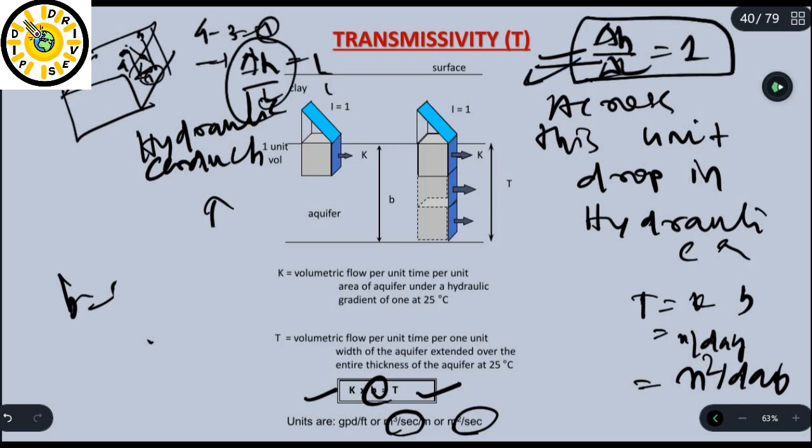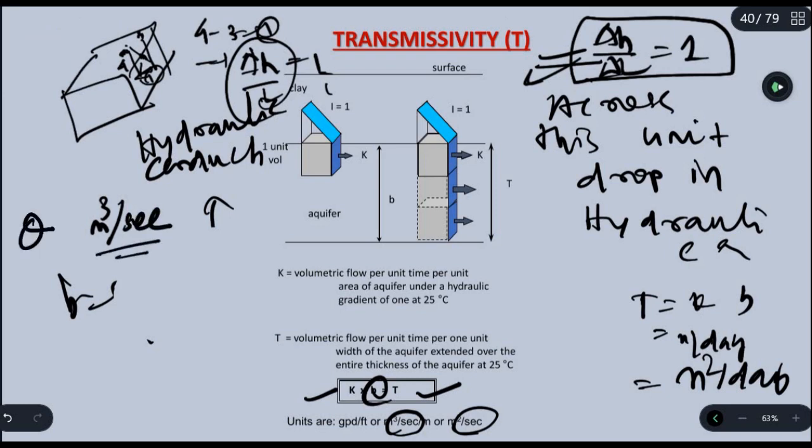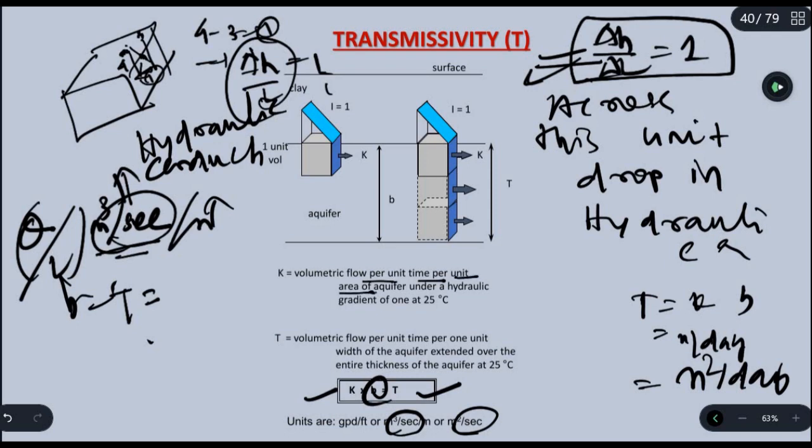So volumetric flow per unit time per unit area, that means meter cube per second. This is your volumetric flow Q. Q upon L is called transmissivity. So the volumetric flow is meter cube per second, per unit area of the aquifer, not length. So Q by A will be conductivity.